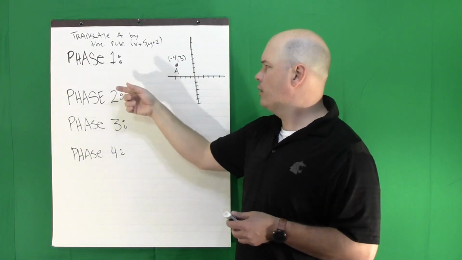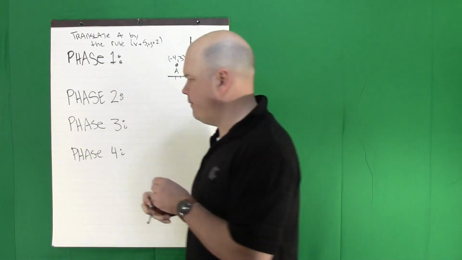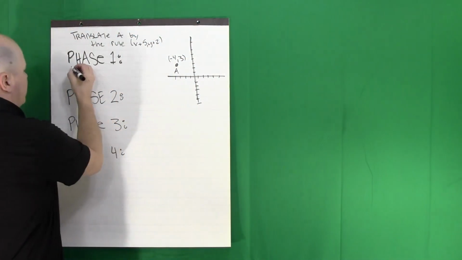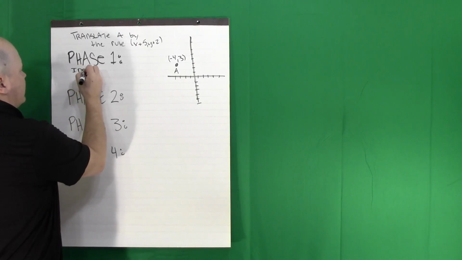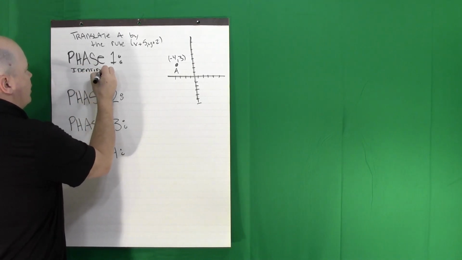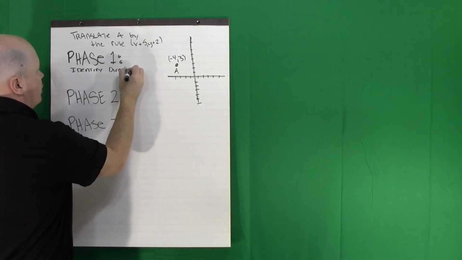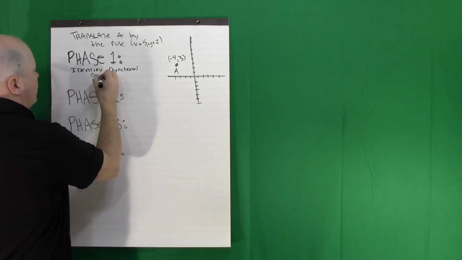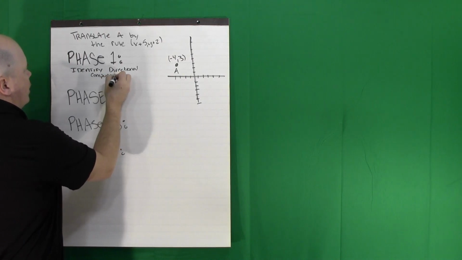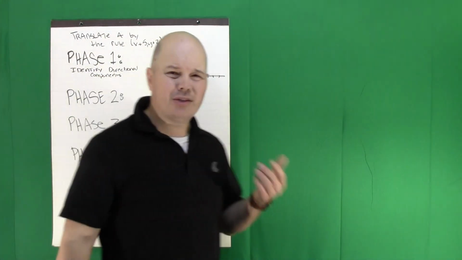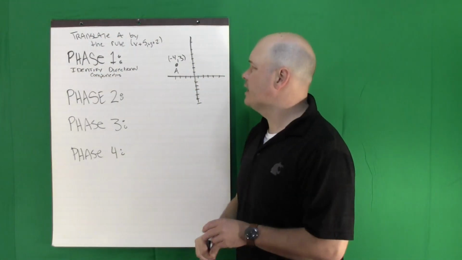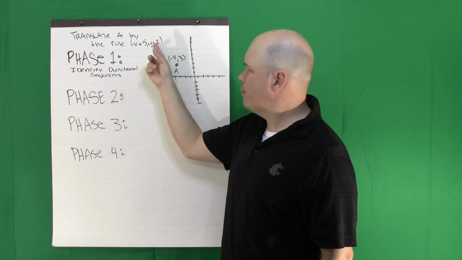So first thing you're going to want to do is identify the directional components. I know it's a big word, but all it is is taking a look at what's happening here.